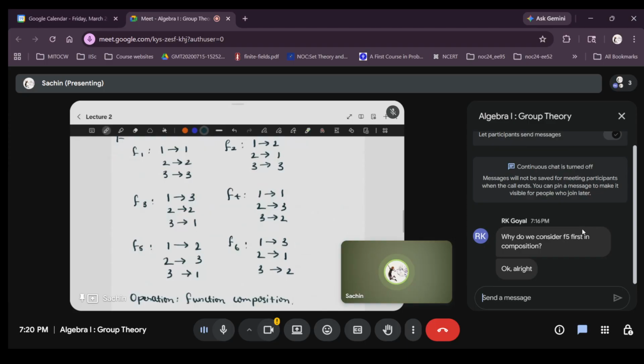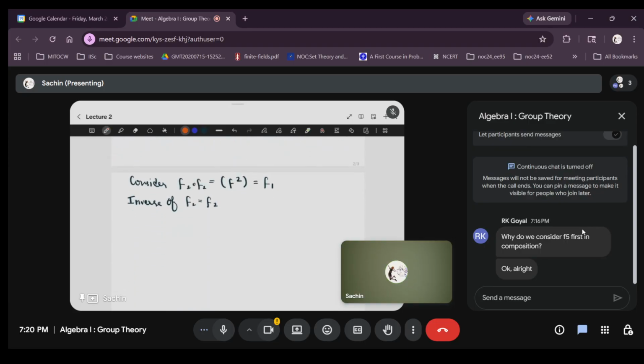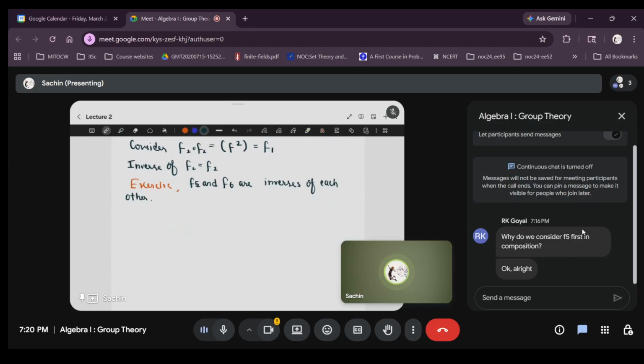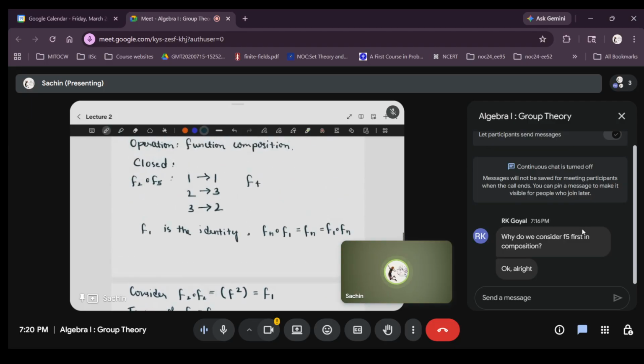And you can verify as an exercise, you can try this yourself. F5 and F6 are inverses of each other. Then finally, for any general function, not just this function, function composition is associative.